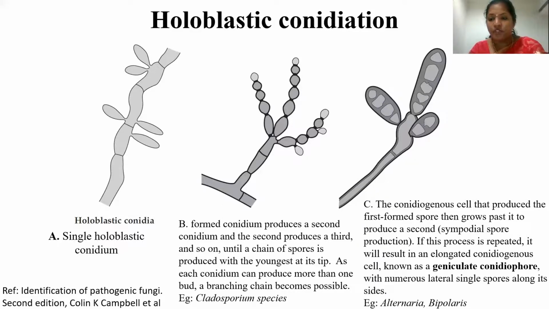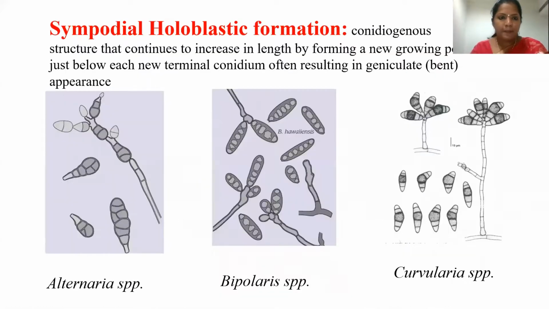Some fungi will produce a geniculate conidiophore. This is the geniculate conidiophore. The conidiogenous cell that produces the first formed spore then grows past it and produces a second one. If this process is repeated, it will result in an elongated conidiogenous cell called a geniculate conidiophore with numerous lateral single spores on its sides. The examples are Alternaria and Bipolaris.